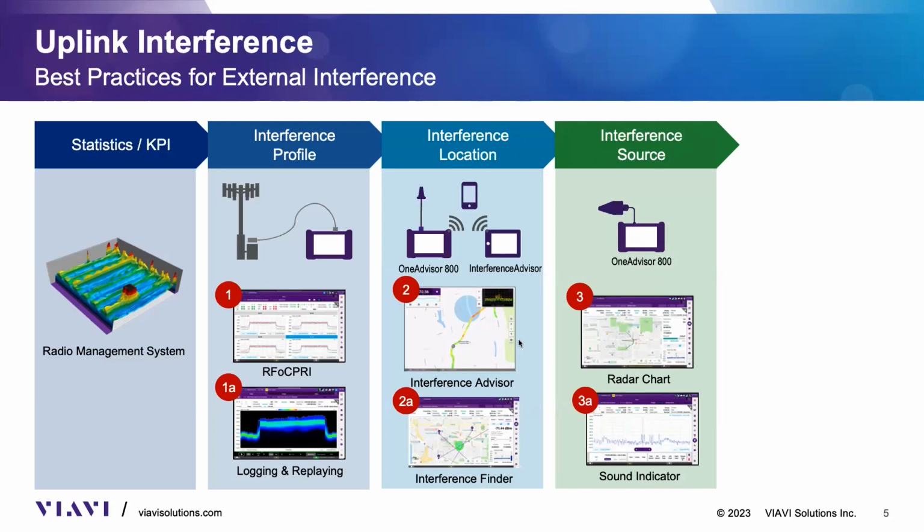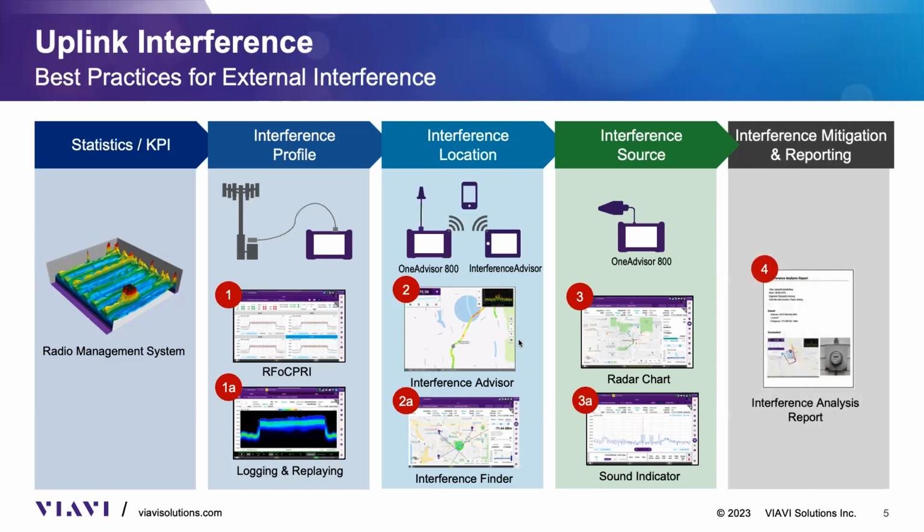It can be, for example, in a building, so we need to do a little bit of walking between different floors to find the cause of interference. And then at the end, we can report what that interference source was.